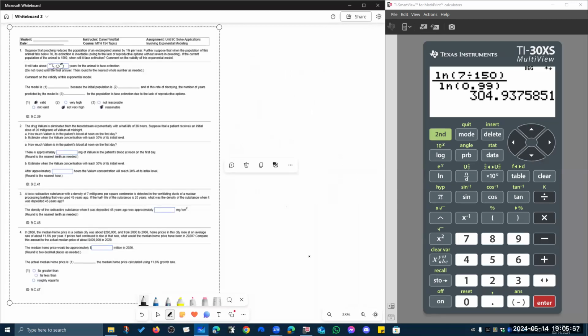The drug Valium is eliminated from the bloodstream by exponential decay, with a half-life of 36 hours. That means that every 36 hours, half of the drug that was in the system before is there now.